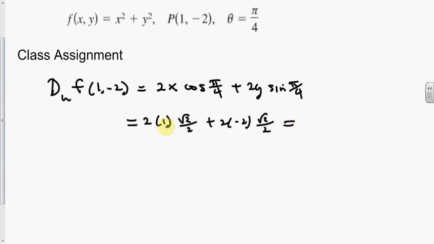So here we get square root of 2 minus 2 times the square root of 2. Let's get negative square root of 2.